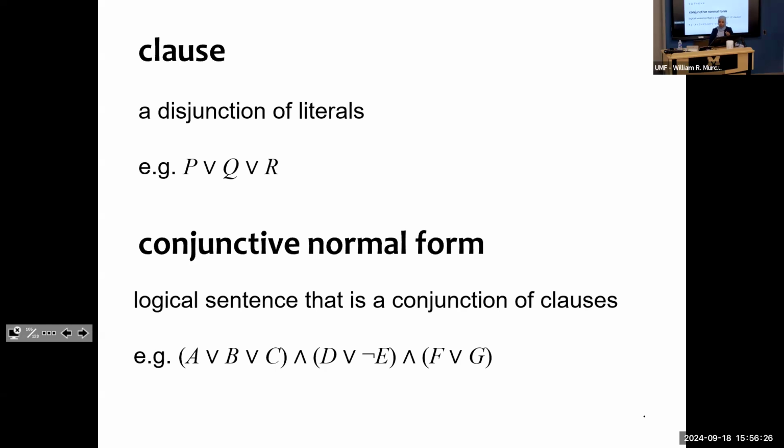Now what we will do, we'll be talking about the conjunctive normal form, which is very famous. But before talking about that, I wanted to make it simple in your brain. Next, we will see it in the next slide. So when I would say conjunctive normal form, it's nothing than a logical sentence that is a conjunction of clauses.